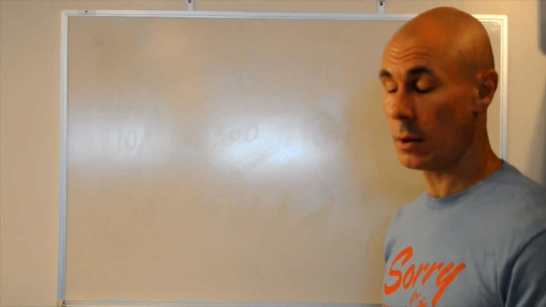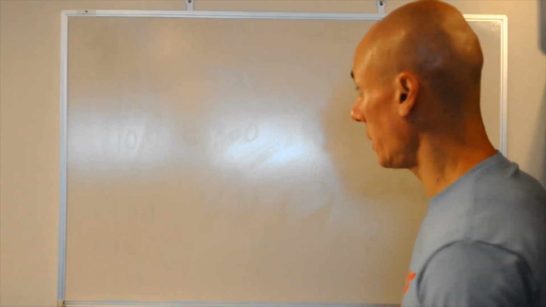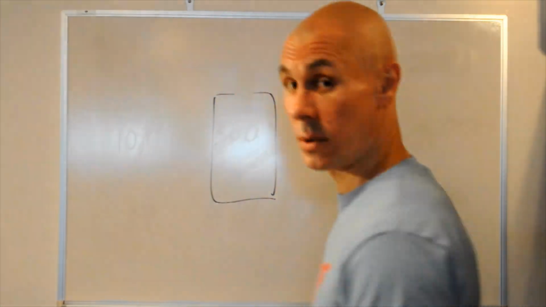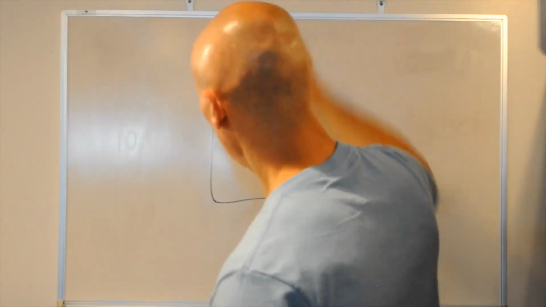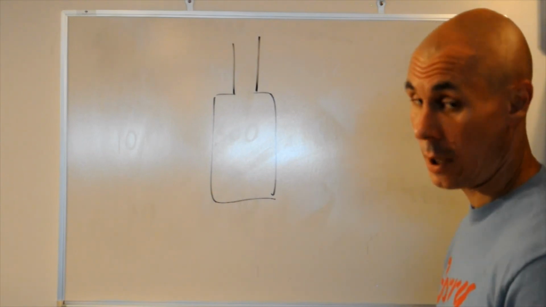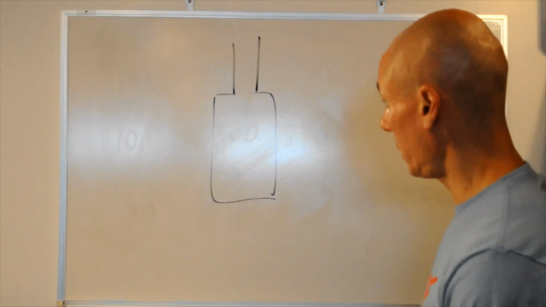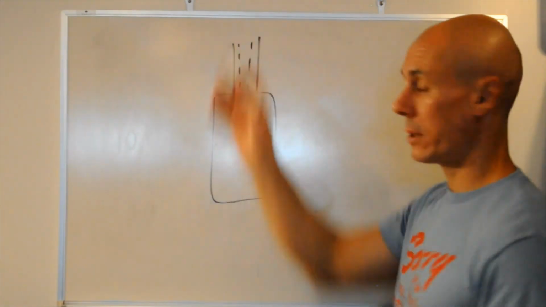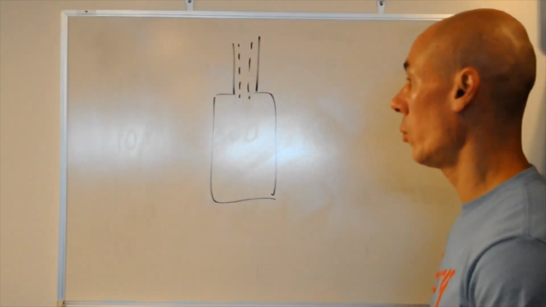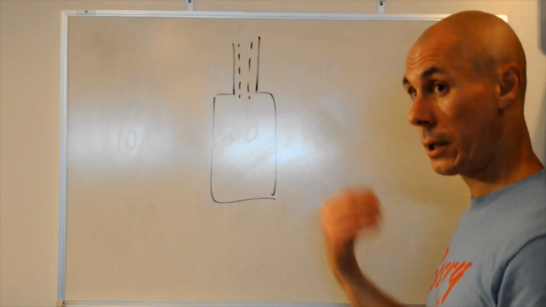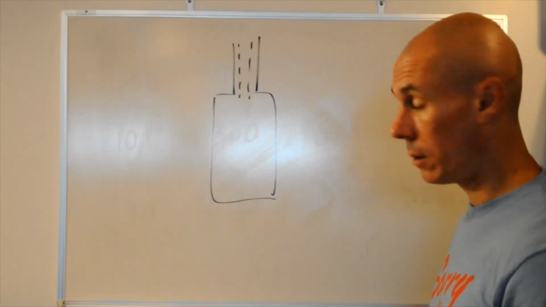Obstructive versus restrictive diseases. So this is lungs just in general, and that's the conducting zone. So what's going to happen in obstructive diseases? For some reason, the passage for the air out or in will become narrower, which means it's harder to inhale, harder to exhale.